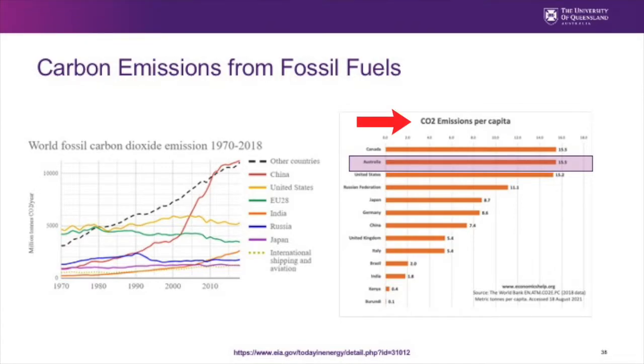Let's look at the CO2 emissions per capita. And here we see that Australia is the second largest emitter per capita. So it means also that there are two ways to tackle carbon emissions, and one is our lifestyle and how we consume energy, and the other one is where the energy is taken from.